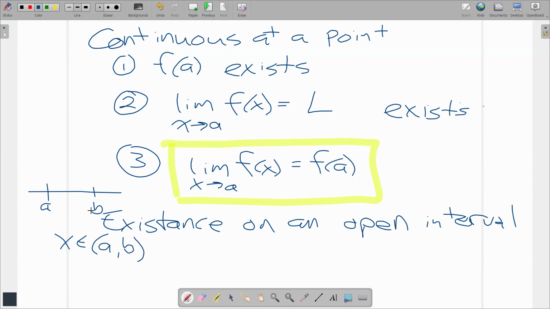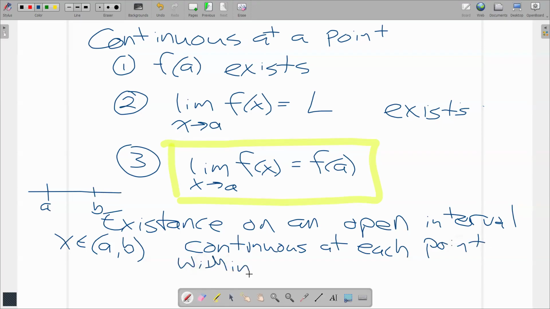Super simple, it just has to be continuous at each point within the interval.